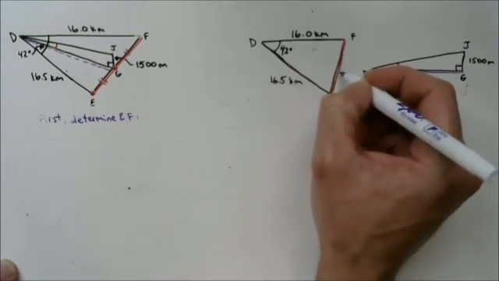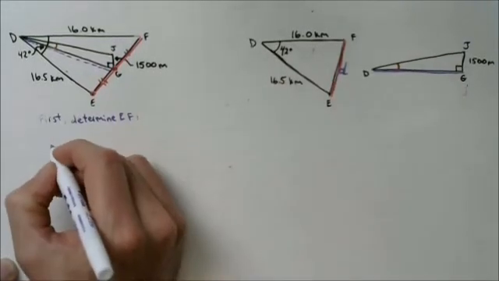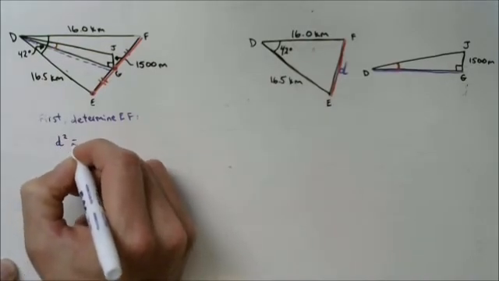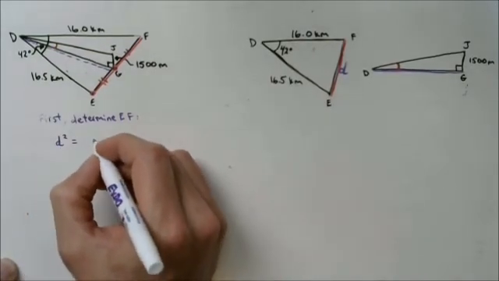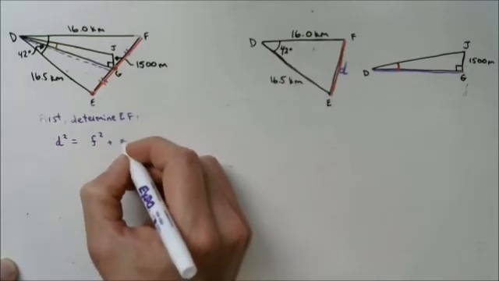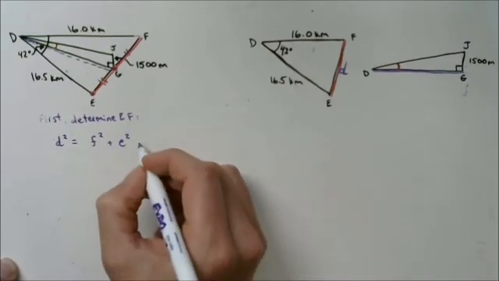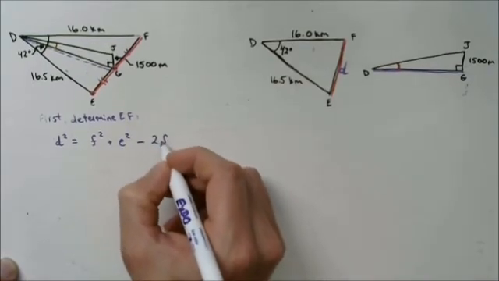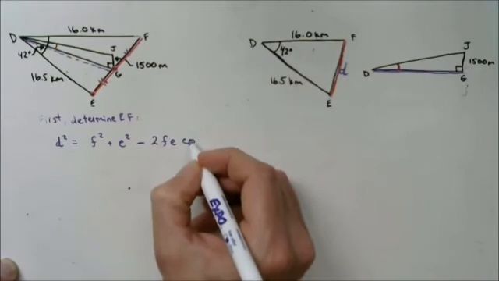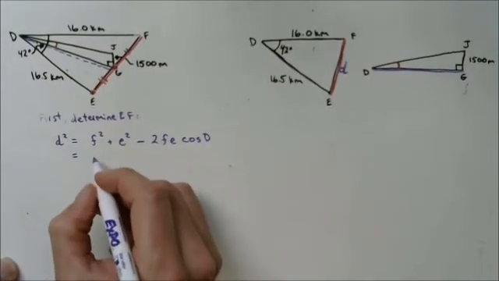We're going to be looking for the length d, the distance from F to E, and Cosine Law tells us that d squared is equal to the sum of the squares of our other two legs, so f squared plus e squared, minus 2 times f times e times the cosine of capital D, and we have all that information.